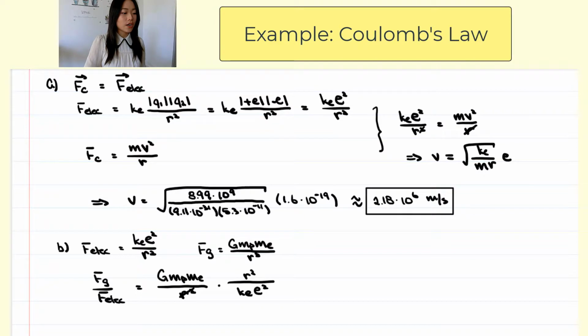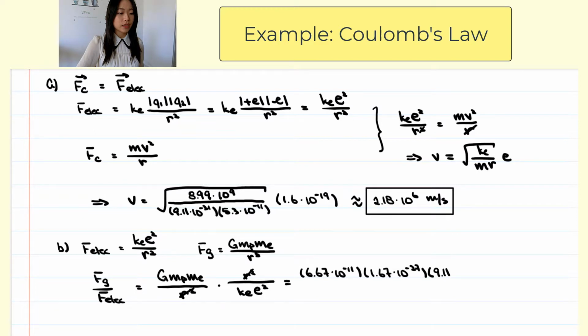We can cancel out the r squared and we substitute the numbers. Gravitational constant is 6.67 times 10 to the power of negative 11. Mass of proton is 1.67 times 10 to the power of negative 27. And mass of electron is 9.11 times 10 to the power of negative 31.